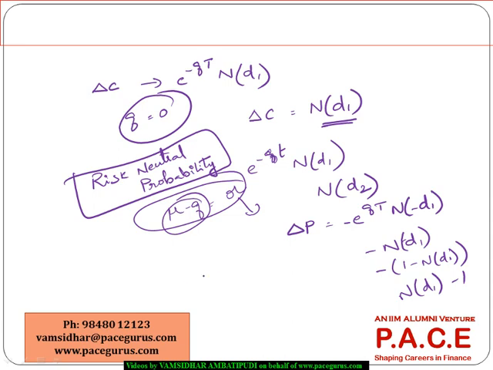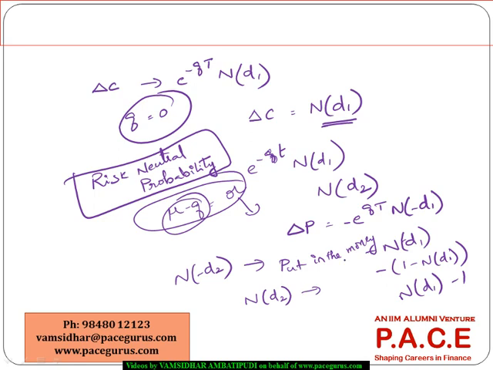Similarly, when I am looking at N of minus d2, we are talking of the risk neutral probability that the put option expires in the money. A simple way to understand this: when I am talking of N(d2), we said that it is the probability that the call option expires in the money.